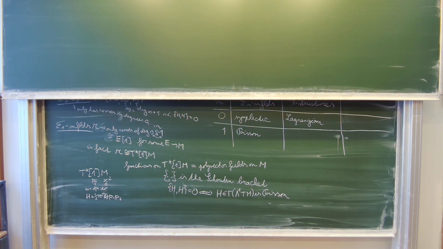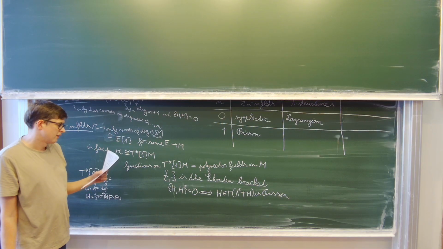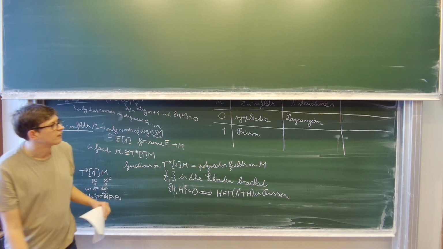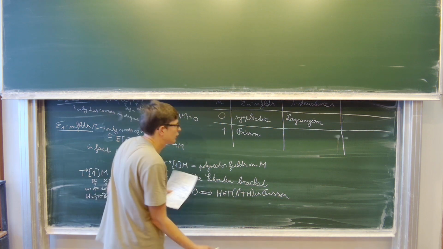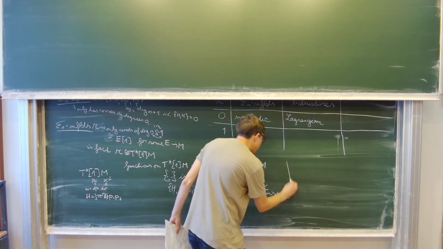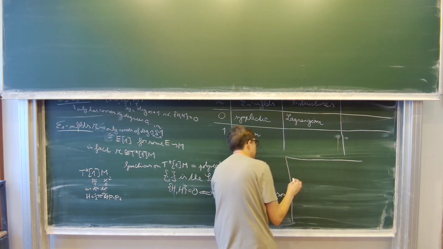Now, does anyone want to make a guess about what goes in the Lambda structures column? It's not immediate, and I'm not going to show it. Let me make a remark here.